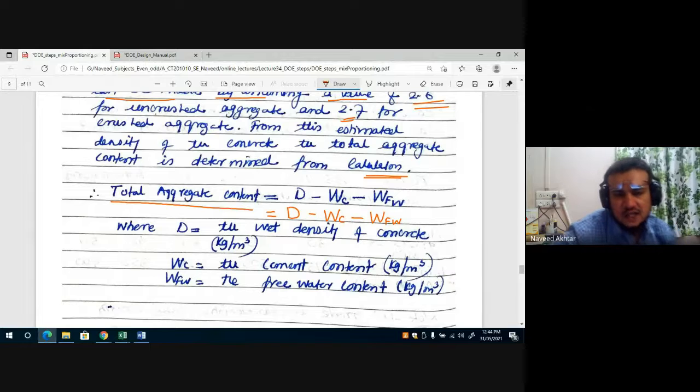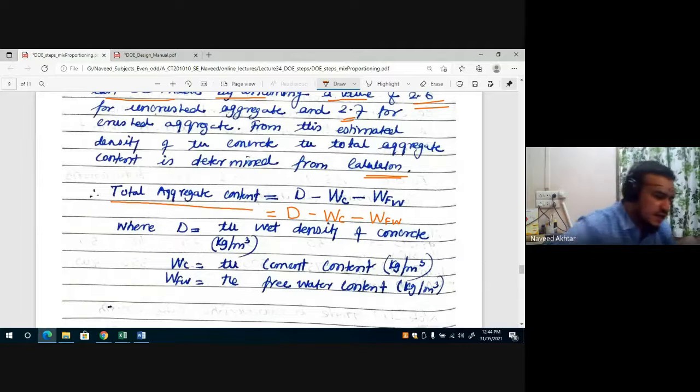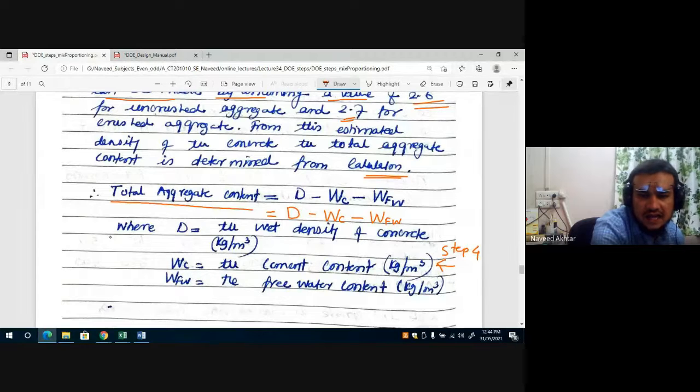You subtract the cement content in kg per cubic meter, which you found in step number 4, and the water content you found from table number 3, that is step number 3.